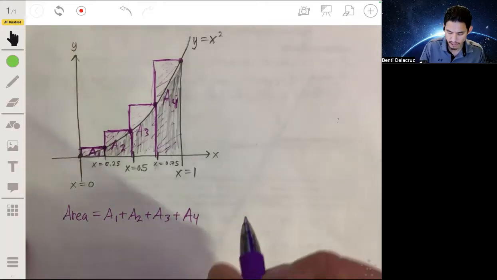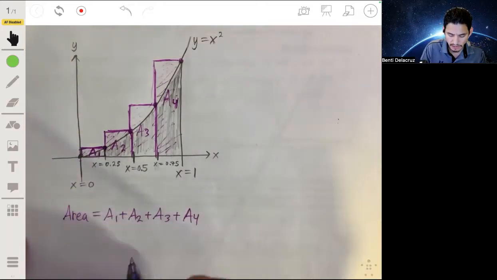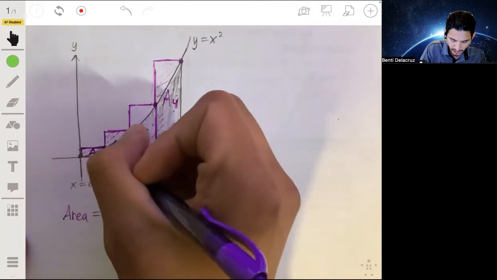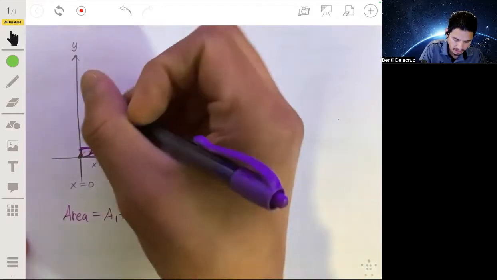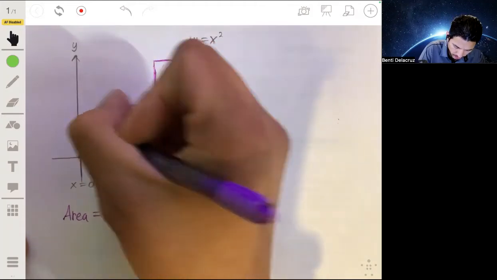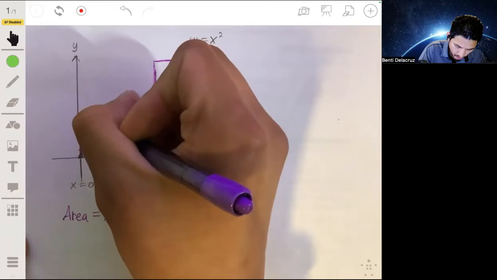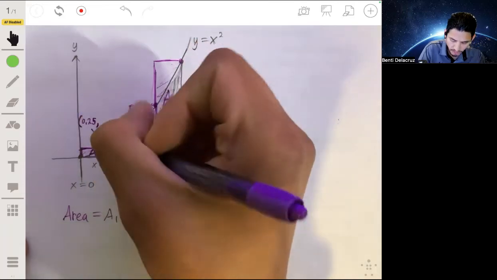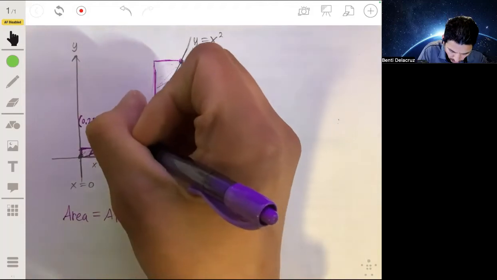Now we use the same general idea, take the area of each rectangle by taking the width and the height, but let's recognize that the height is given by the y-coordinate of the top right point this time. So here, we're looking at this point. For our first rectangle, the x-coordinate would be 0.25, and the y-coordinate would be 0.25 squared, so 0.0625.